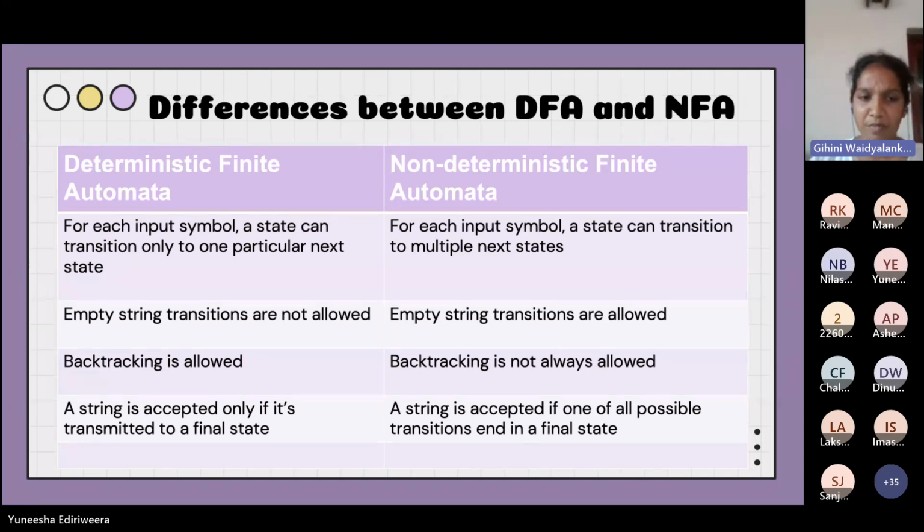In DFAs, backtracking is allowed, but for NFAs, backtracking will not always be allowed. For DFAs, a string is accepted only if it is transferred to the final state. But in NFAs, as I told you before, a string is accepted if one of all possible transitions ends in a final state.